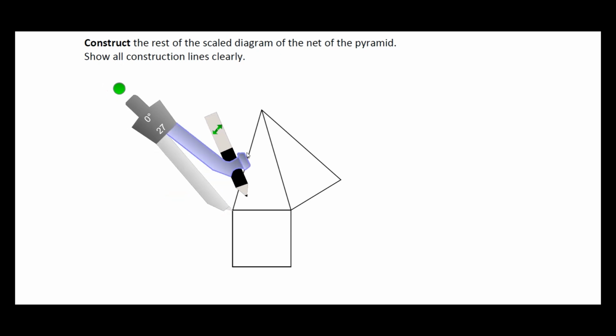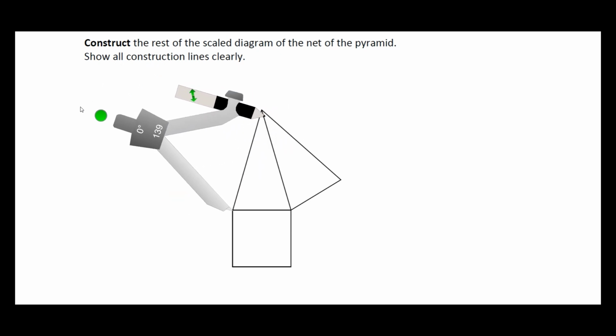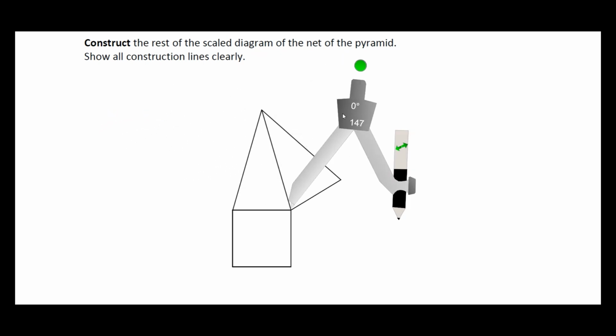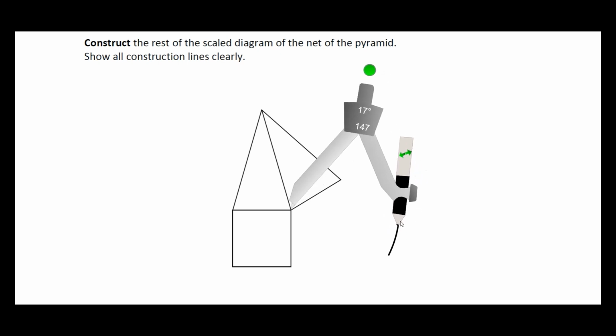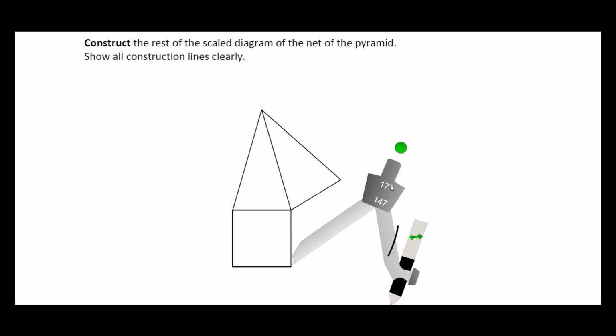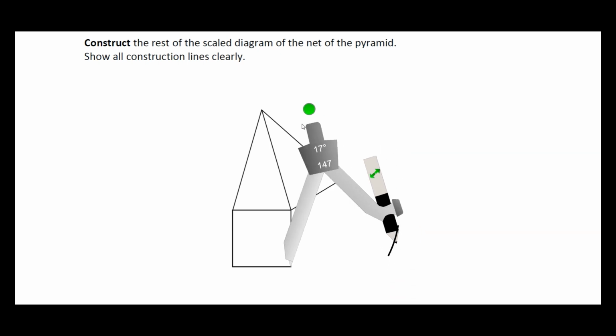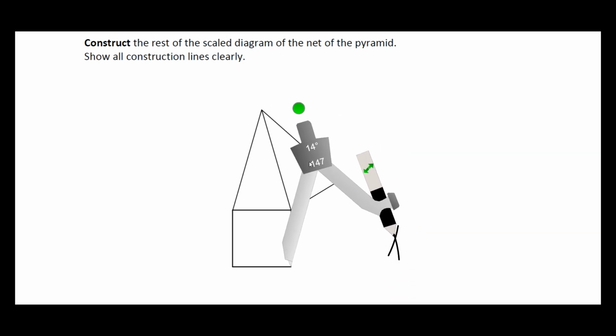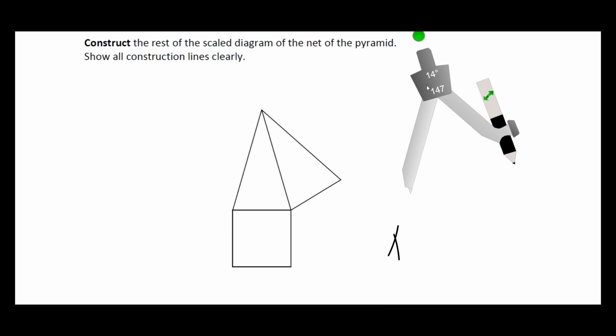We measure the exact length that we have here, and then we use that from whichever face you want. Let's say from this side, we draw an arch without changing. Then we go to the other side, we draw an arch because it is an isosceles triangle. Both sides are exactly the same.